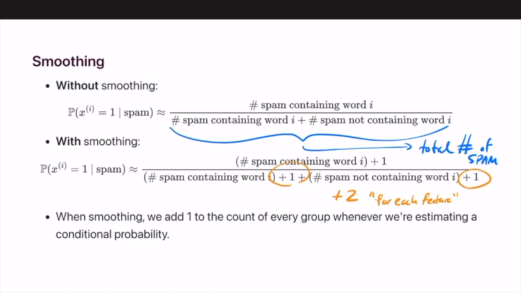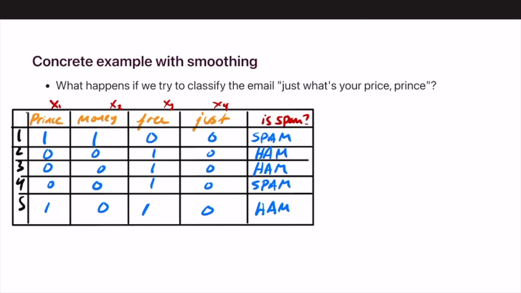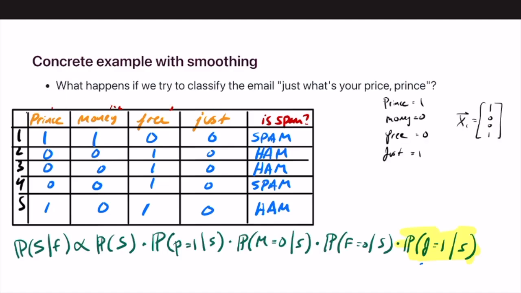All right, so let's go ahead and try this again. Now let's add smoothing. Let me highlight these to make it easy. So this is doing it for spam: 2/5.